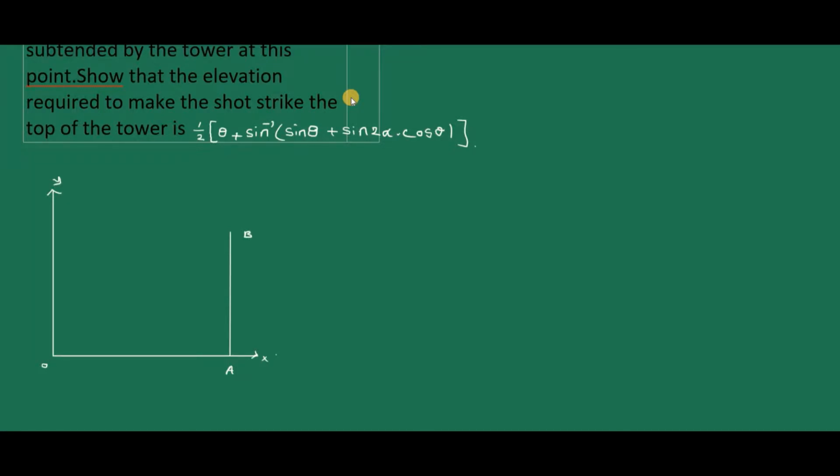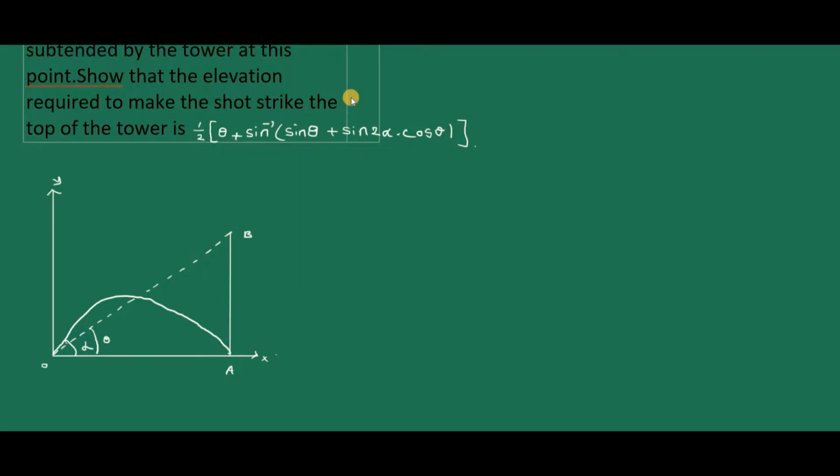What is given? A shot fired at an elevation alpha is observed to strike the foot of the tower. So a shot is fired, which strikes the foot of the tower, making an angle alpha. If theta be the angle subtended by the tower, join this OB, which makes an angle theta.